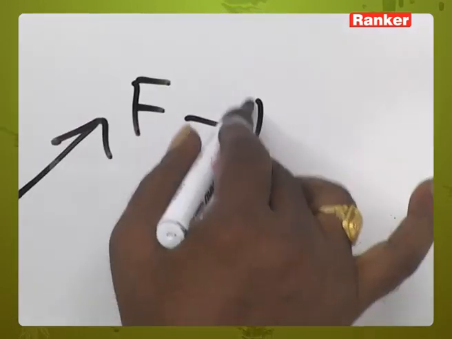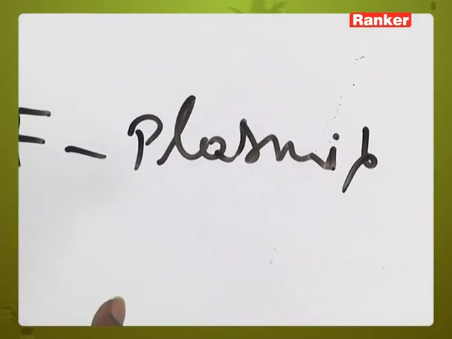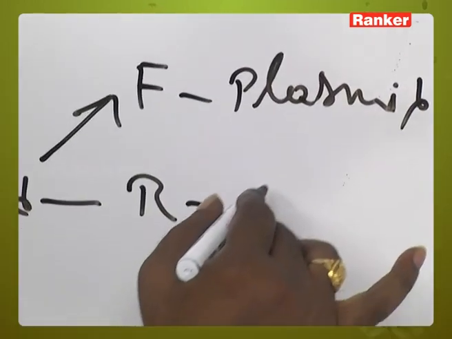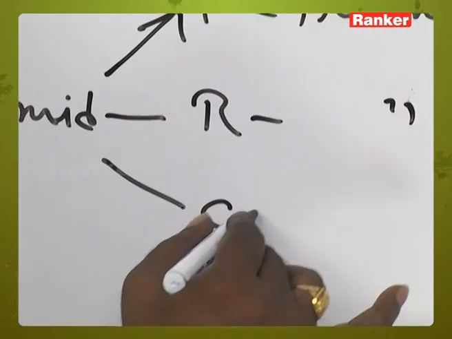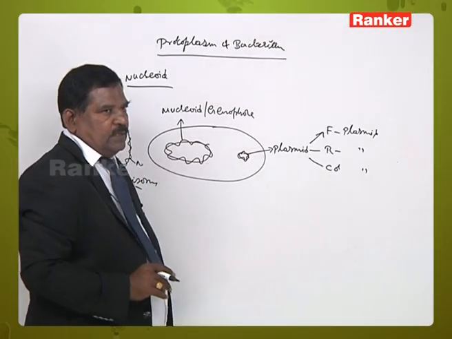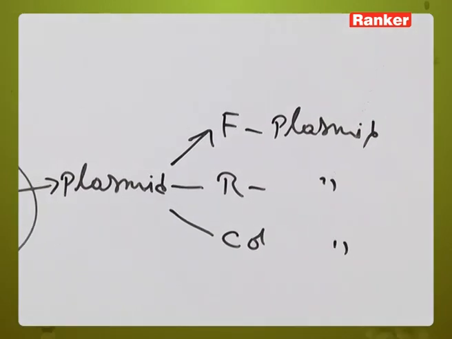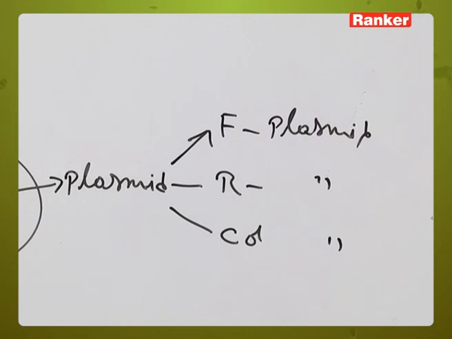Based on the function they perform, plasmids are three types: F plasmid, R plasmid, and Col plasmid.